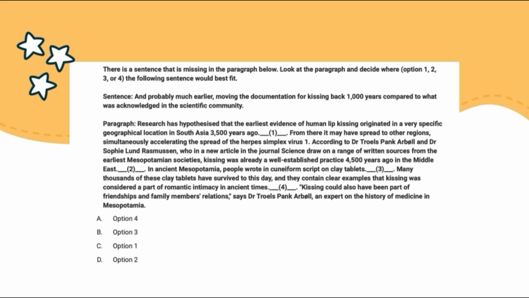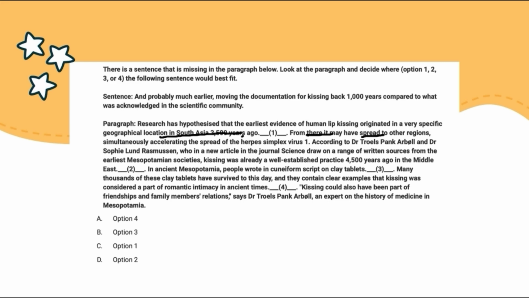It says, research hypothesized that the earliest evidence of human lip kissing originated in a very specific geographical location in South Asia 3,500 years ago. Then there is this blank. From there, it may have spread to other regions. Now, the sentence says that it originated, and then it says from there, it may have spread.